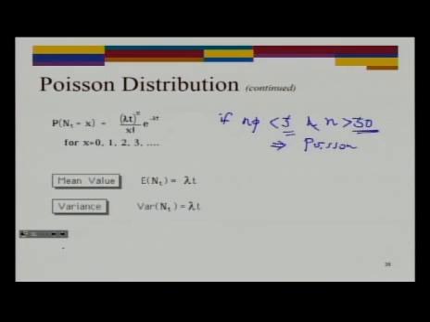So I want you to do some Google search on that. And also if n times p is greater than 5, then it's safe to use the binomial distribution. But let me know if these numbers are different from what you come up with. Okay? And the mean and variance for the Poisson distribution are identical, which is lambda times t. Sorry.